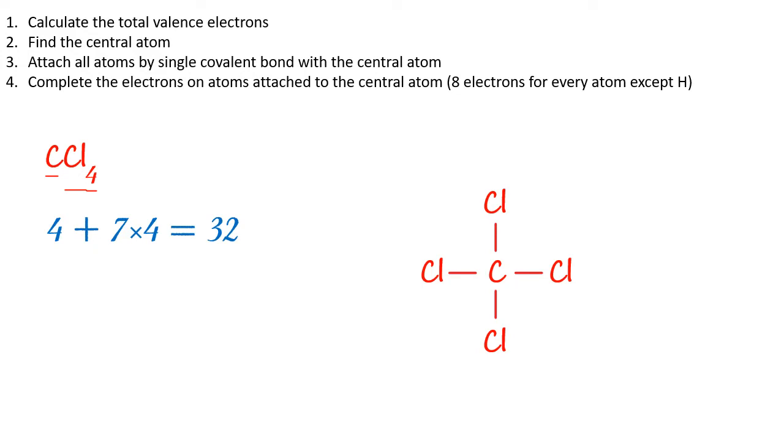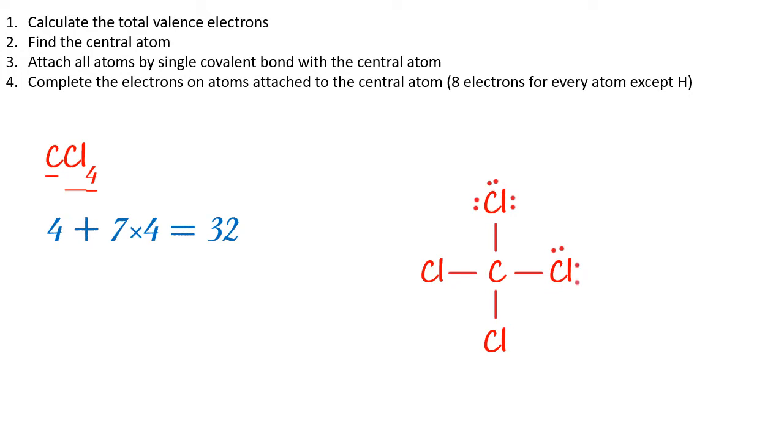In one single covalent bond, how many electrons? 2 electrons. So 2 electrons are already there. So how many more electrons do we have to complete? 6 more electrons. Okay, so let's complete 1, 2, 3, 4, 5 and 6, then 7 and 8.